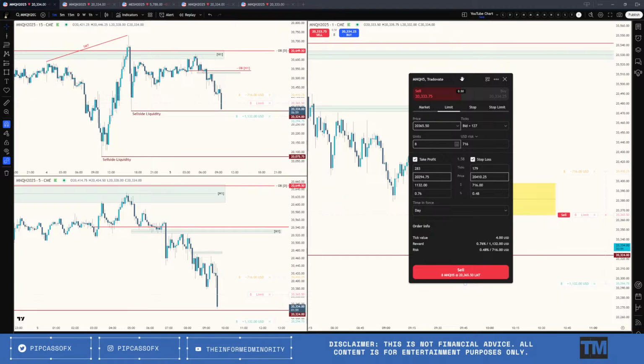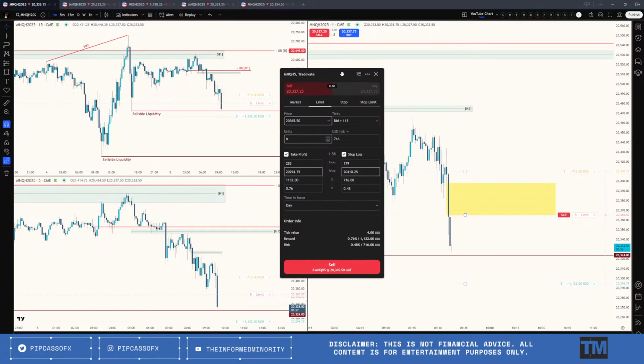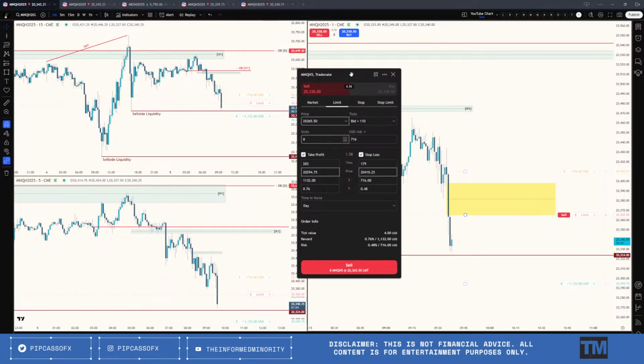Let's see. As long as we don't hit that, I do like this. As long as we don't just hit that right away. So we did hit that now. I'm a little bit more cautious to get in this trade, but I do like it.